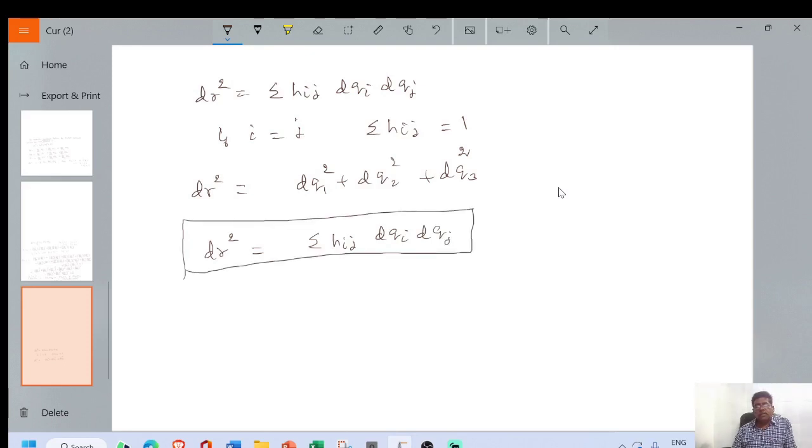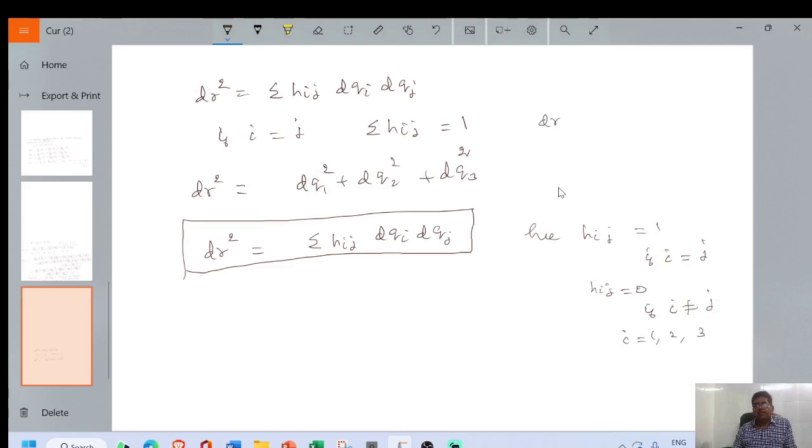If you use this condition, hij equal to 1 if i equal to j, hij equal to 0 if i not equal to j, here i equal to 1, 2, 3, we get dr square equal to dq1 square plus dq2 square plus dq3 square.